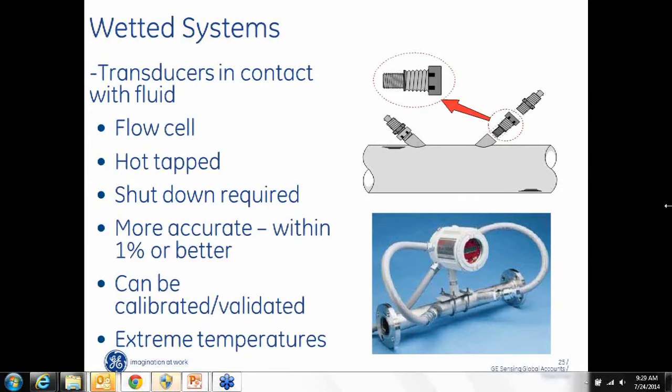The temperatures we can deal with on a clamp-on, we're kind of limited to, well, actually we're not, because we have high-temperature clamp-on. And we'll get into that in additional webinars, actual equipment and some specific applications. But we have clamp-on transducers that can hit the 700-degree mark and over. And we have wetted systems that can do the same thing.